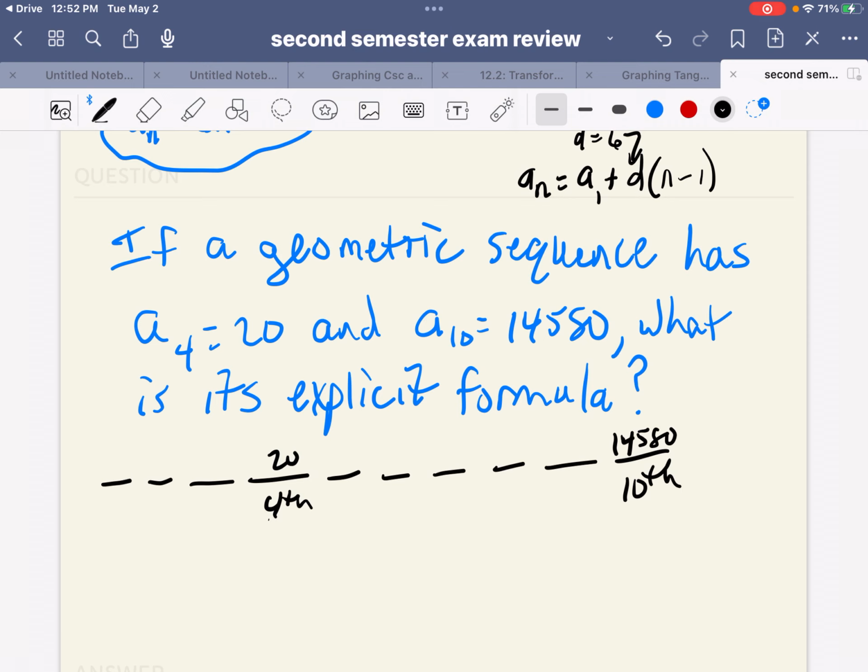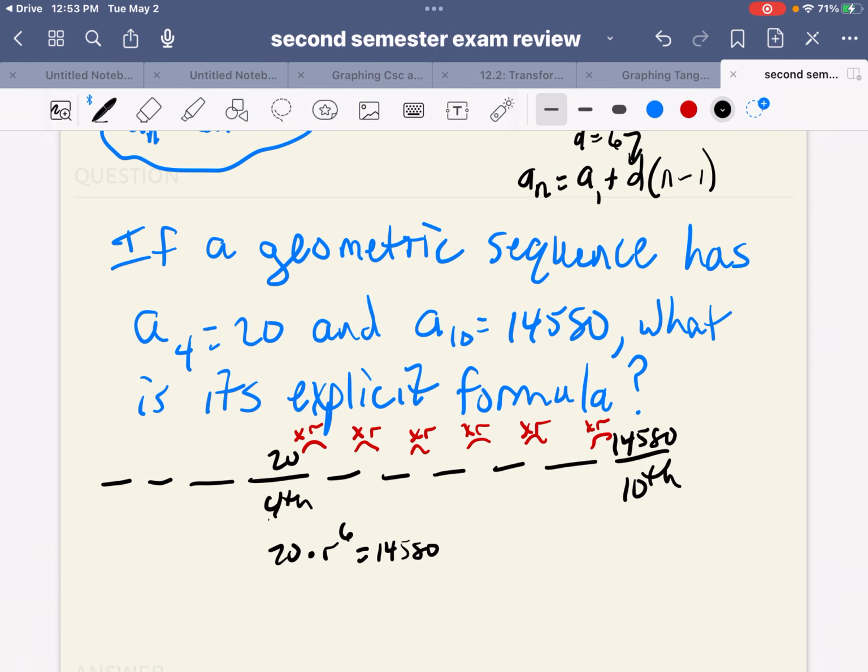Well, wouldn't we multiply by r, multiply by r, multiply by r, multiply by r again, multiply by r, and multiply by r to go from term to term because it's a geometric sequence. So could I say 20 times r, 1, 2, 3, 4, 5, 6 times, r to the sixth equals 14,580.